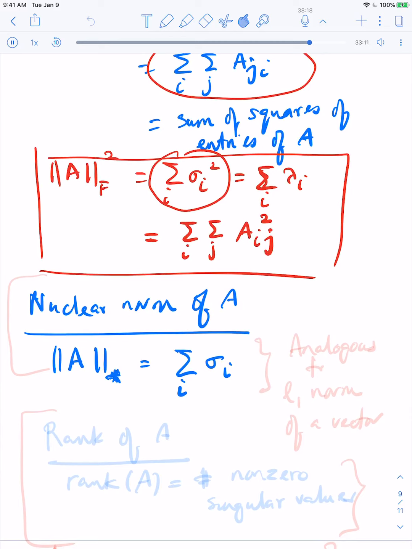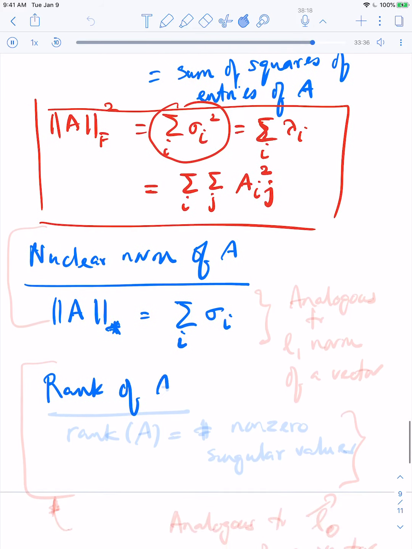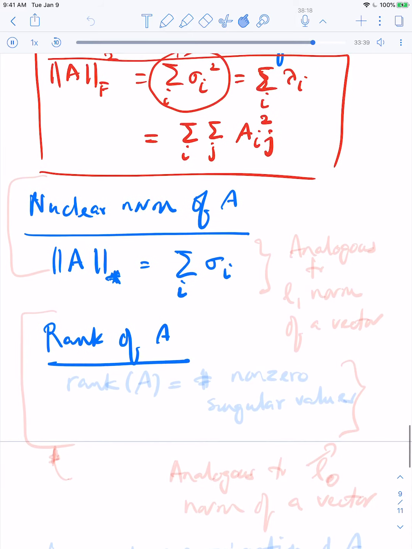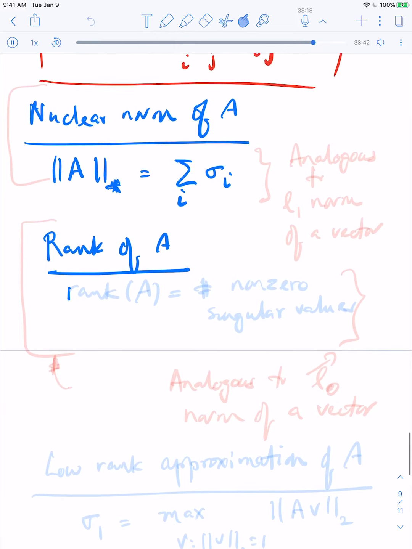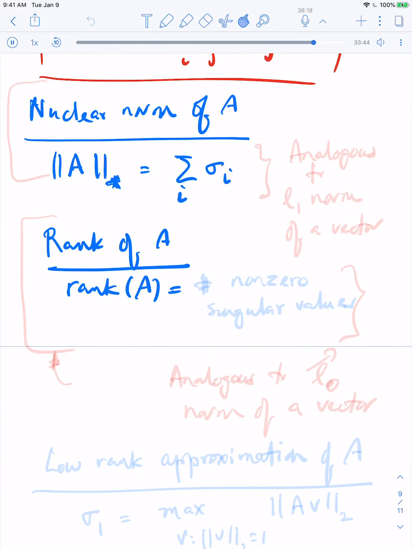So what we'll see is, when is a matrix sparser than its inherent dimension? When, for example, its row space or column space has effectively small rank. In fact, I should say that the rank of a matrix, rank of A, while I'm about it, is the number of non-zero singular values, right?